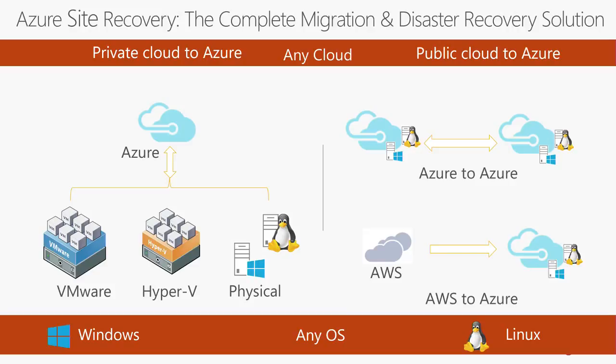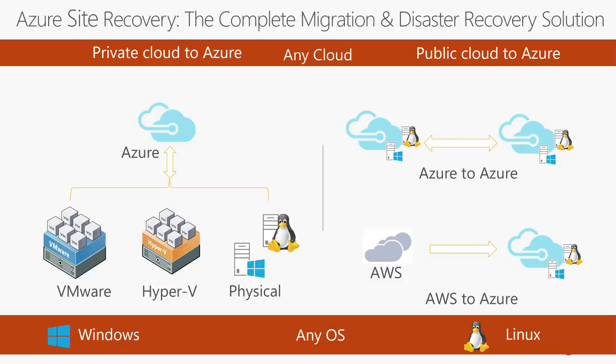Azure Site Recovery also has the capability to act as a disaster recovery toolset or a migration toolset from an on-premises environment into Azure as well. Also, we support for migrating, if you have workloads running in AWS, as an example, you can utilize Azure Site Recovery to migrate your AWS workloads into Azure as well.